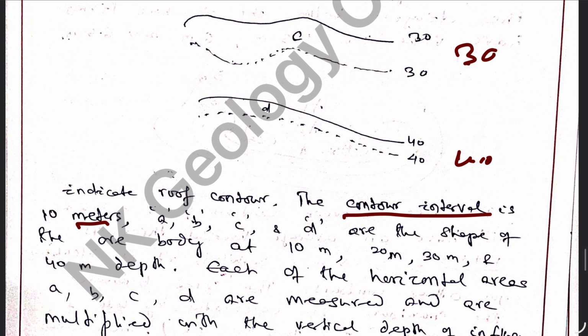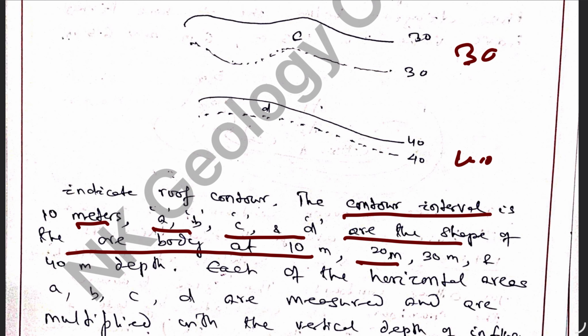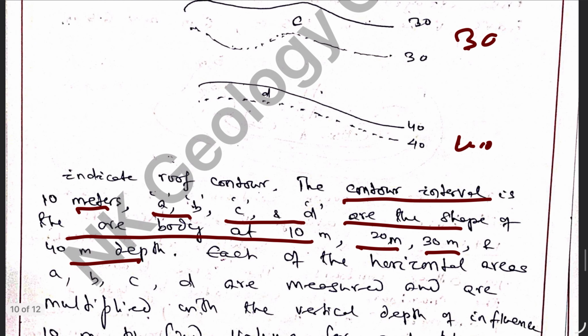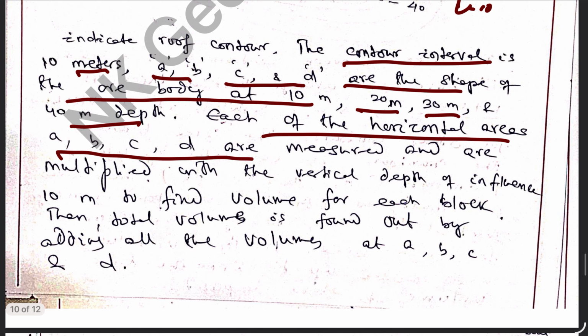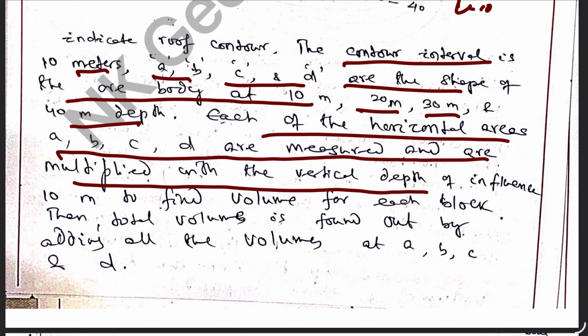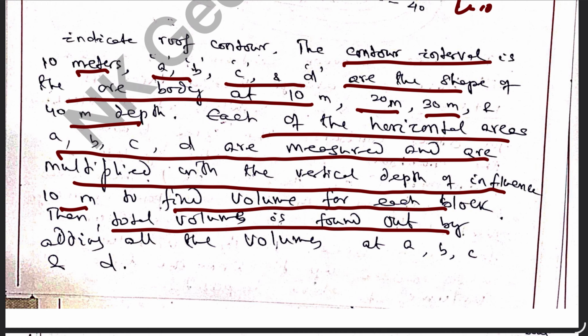The contour interval is 10 meters. A, B, C, D are the shape of the whole body at 10 meter, 20 meter, 30 meter and 40 meter depth. Each of the horizontal areas A, B, C, D is measured and multiplied with the vertical depth of influence, that is 10 meter, to find the volume for each block. Then the total volume is found out by adding all the volumes at A, B, C and D.